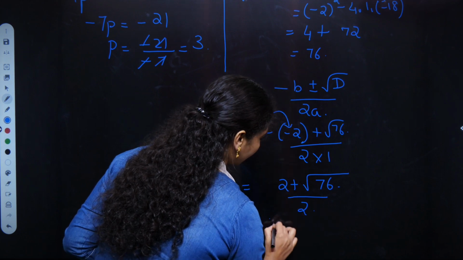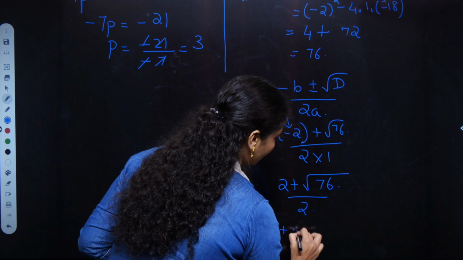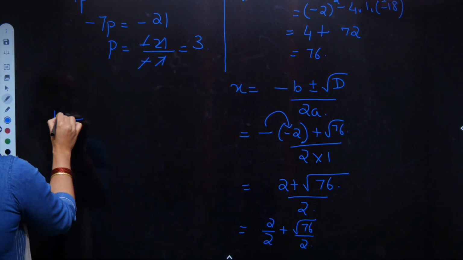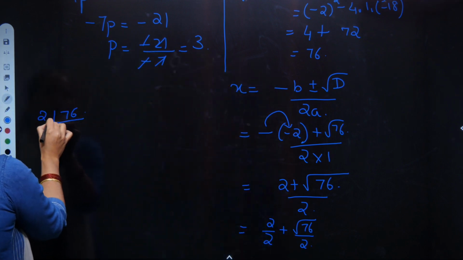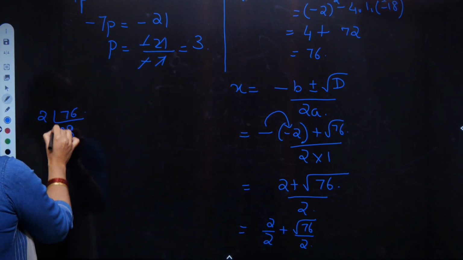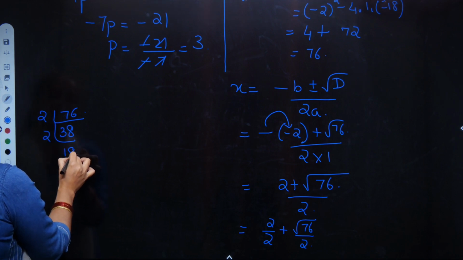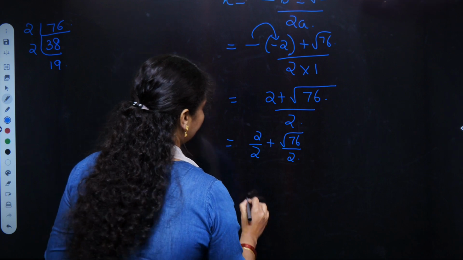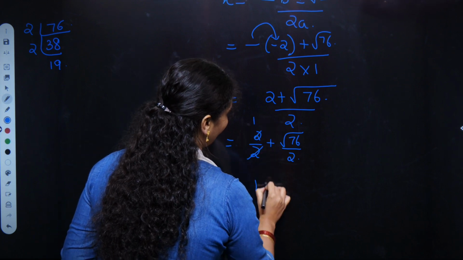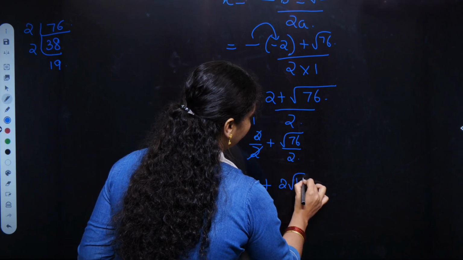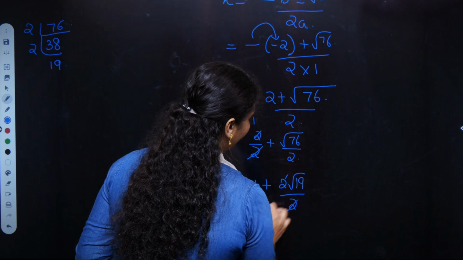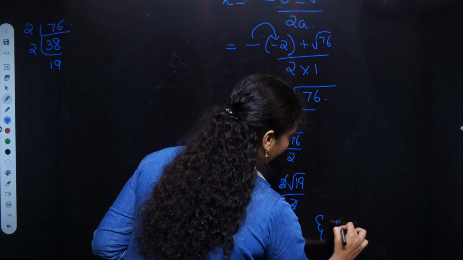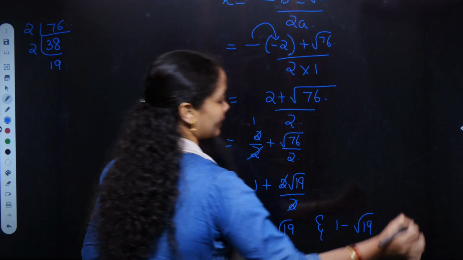I can write this as 2 by 2 plus or minus root 76 by 2. Root 76, I have to just elaborate: 2 38s are 2 19s, so this can be written as 2 root 19. Hence 2 and 2 get cancelled. 1 plus or minus 2 root 19 by 2. So my roots are 1 plus root 19 and 1 minus root 19.